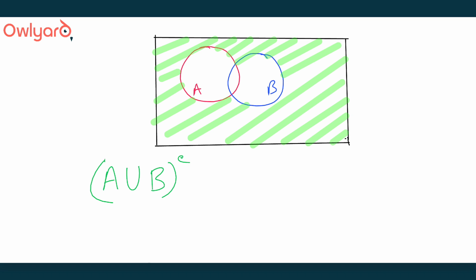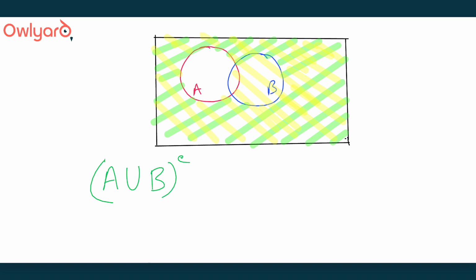Now let's shade only the A complement part. It will look similar, of course. Everything outside A union B will be shaded, but since it is A complement, I'll also shade the segment that is inside B. So the yellow denotes the segment that is A complement, and similarly let me shade the area that is B complement.